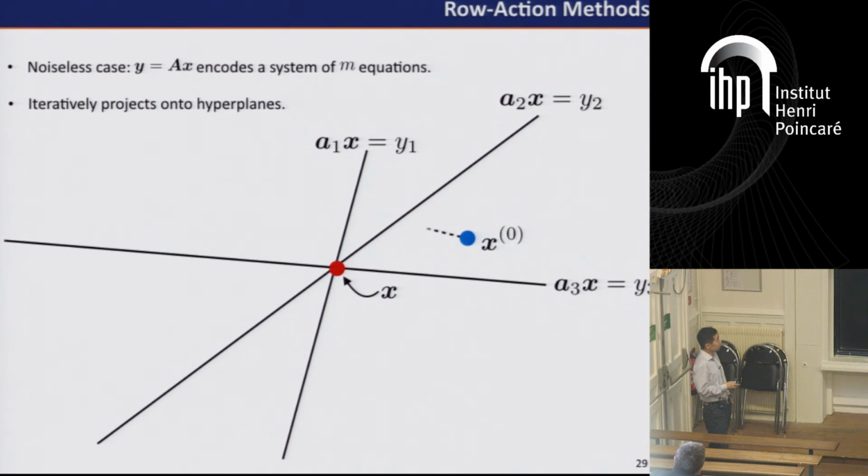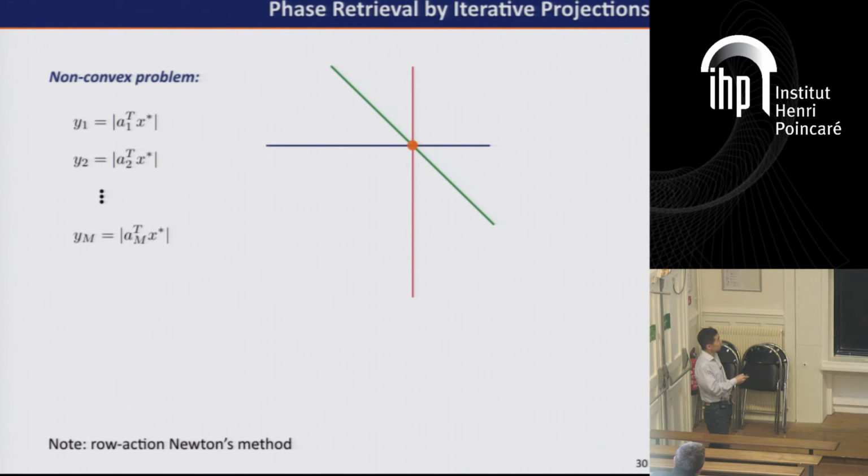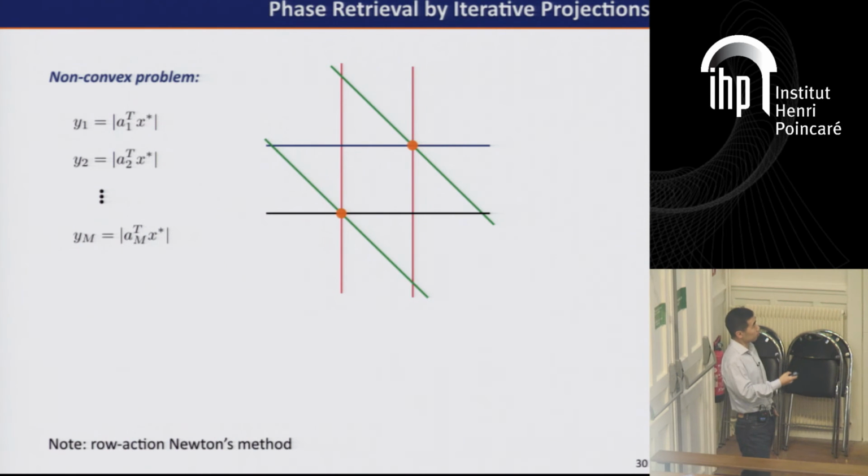But if you have missing phase, then the challenge is that suppose you have the true solution here, but because you don't have the sign information, for every possible subspace, there is a potential alternative explanation for that, right? Because you can have plus or minus 1. And in the end, for each subspace, you have its mirror symmetric copy, and then you don't know which constraint you want to enforce, right?